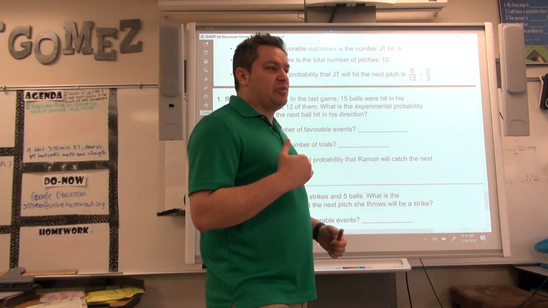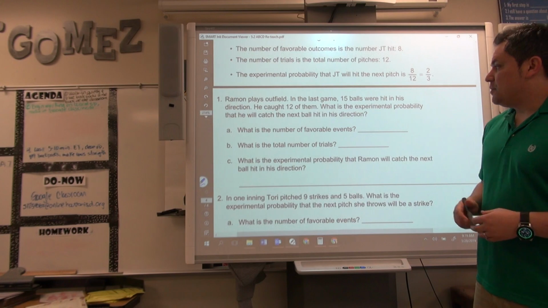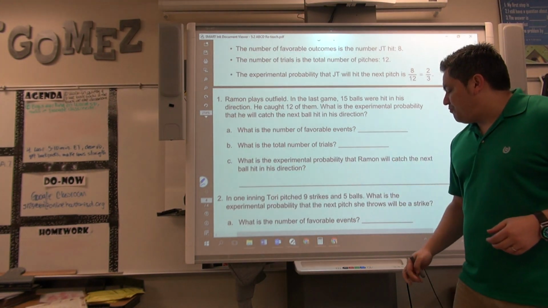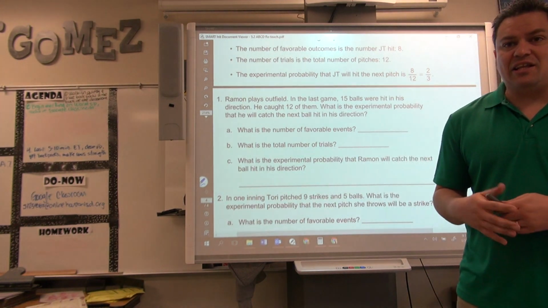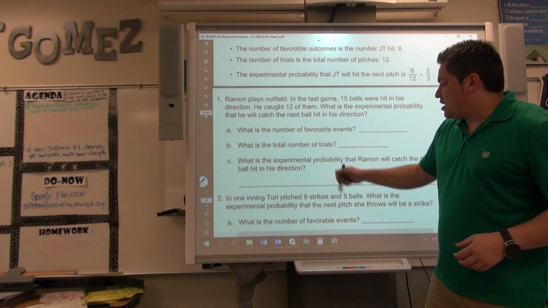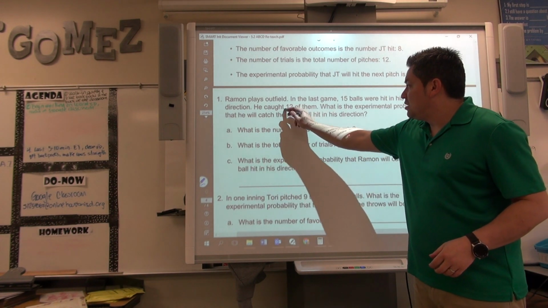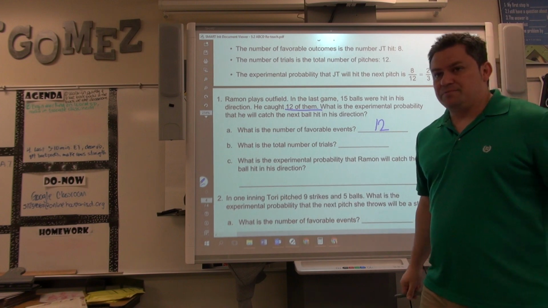We have a series of questions so that we can come up with the probability estimate. A, what is the number of favorable events? That's going to be the number of times that he caught the ball, right? In this case, he caught the ball how many times? 12. That's going to be your favorable number.